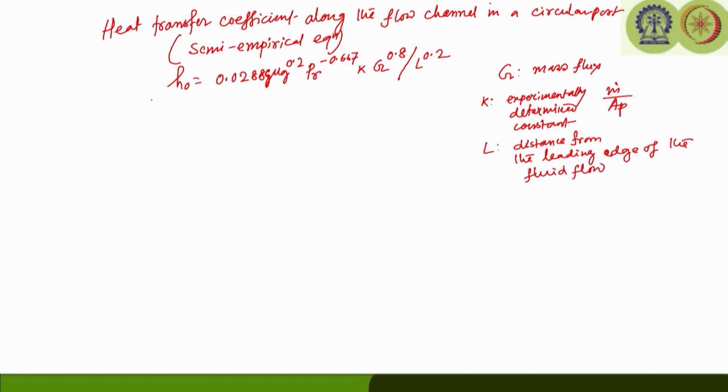Now, if you wish to find out more details about this correlation, one can refer to the paper by Razdan and Kuo. This was exactly related to erosive burning of solid propellants in the AIAA book series.